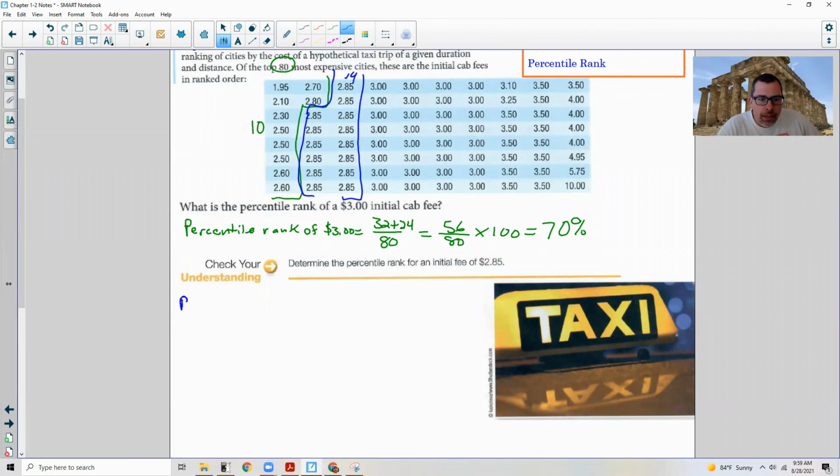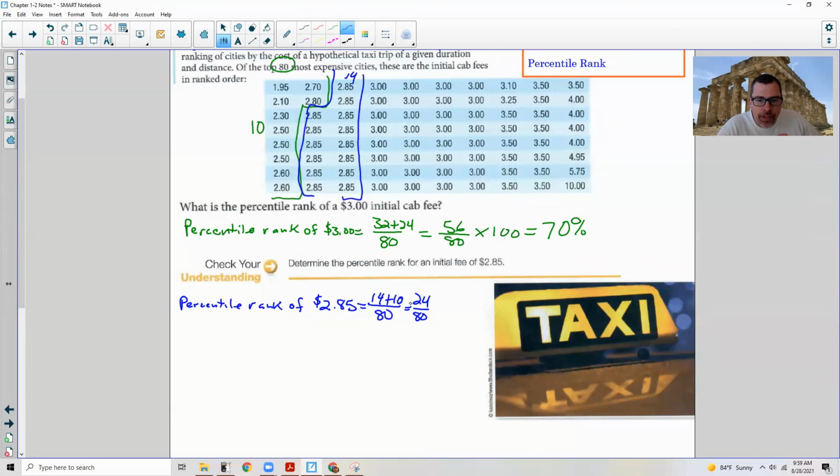So I would say the percentile rank of 2.85 equals the number at or below, over our total. And our total was 80. So that's going to equal 24 over 80.